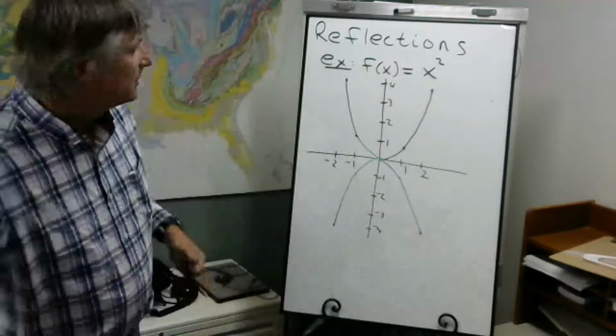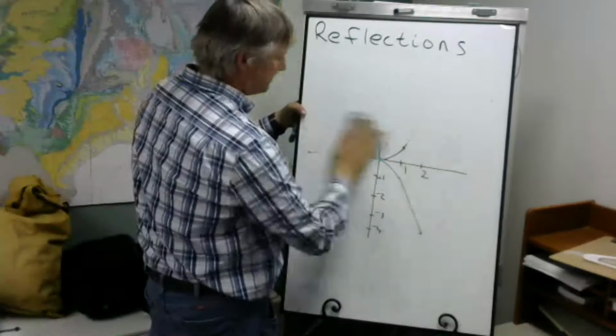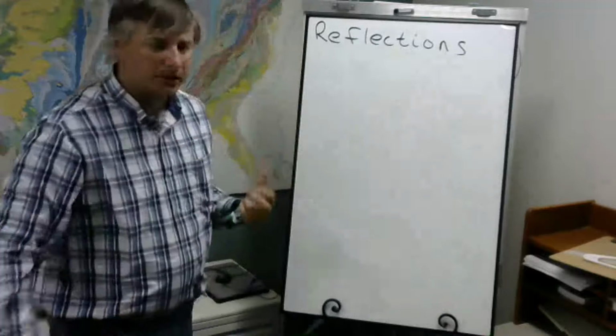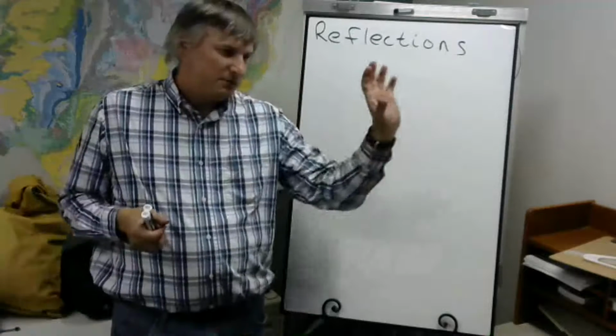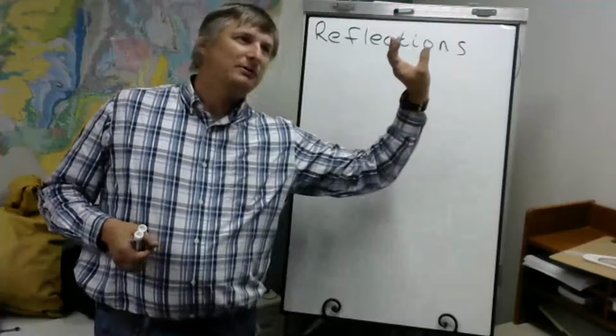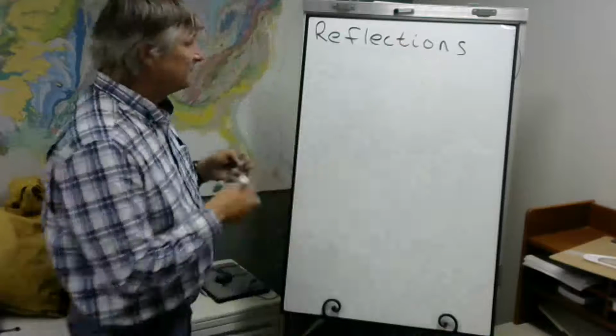Now let's take a look at reflection across the y-axis. Now, for us, the parabola is not really going to work, because if you reflect it across the y-axis, it's like having the parabola spin around on the y-axis, and you just get the same shape. So let's try a different function.